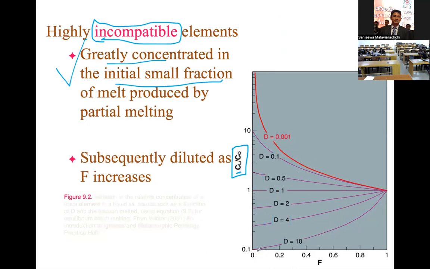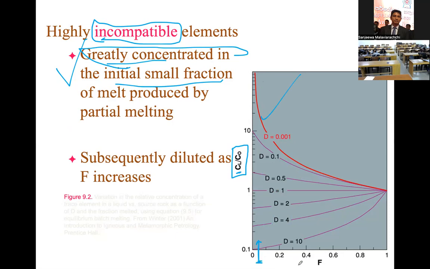Initial melt amount is given here, a very tiny amount of melt, right? If you take such a tiny amount of melt, that is the initial small fraction of melt produced. There you can see a very high amount is concentrated, greatly concentrated here. This red curve represents a highly incompatible element, which has very high concentrations in the initial melt drops produced.